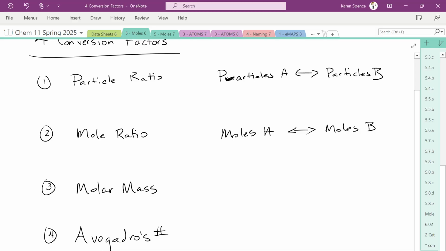This one literally tells you in its name. We use it to convert between moles and mass. So moles of A and grams of A.